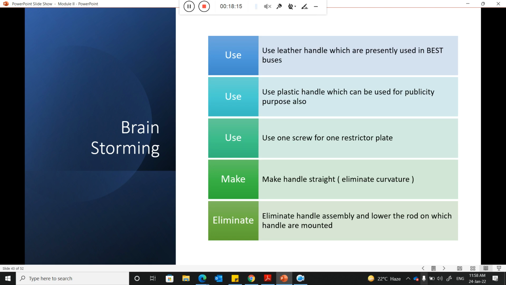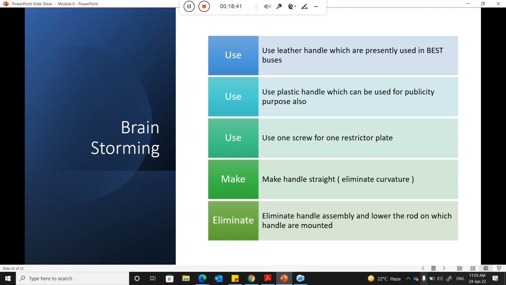If you move that rod downward, then no handle is required. You can use that particular rod also. Are you getting my point, class? Anyone? Yes, sir. Okay. Obviously, we can say for the fifth there is no need to put extra cost. So fifth is the best, and the second is also good.